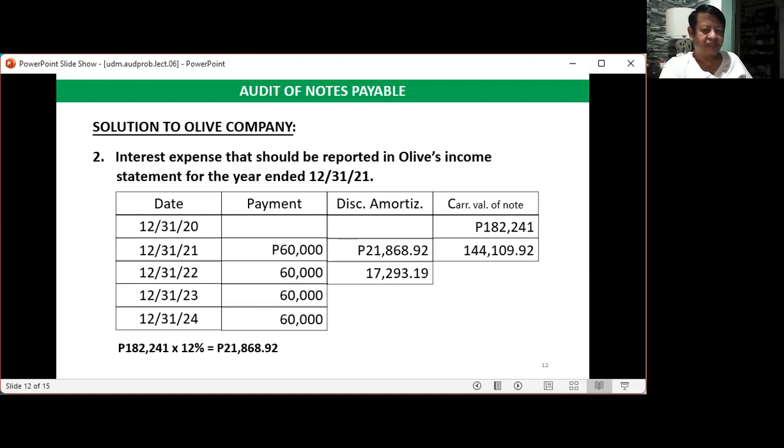So the discount amortization is 17,293.19. We will deduct this amount from 60,000. Whatever is the difference will also be deducted from 144,109.92. Therefore, the carrying value of the note at the end of 2022 is 101,403.11.